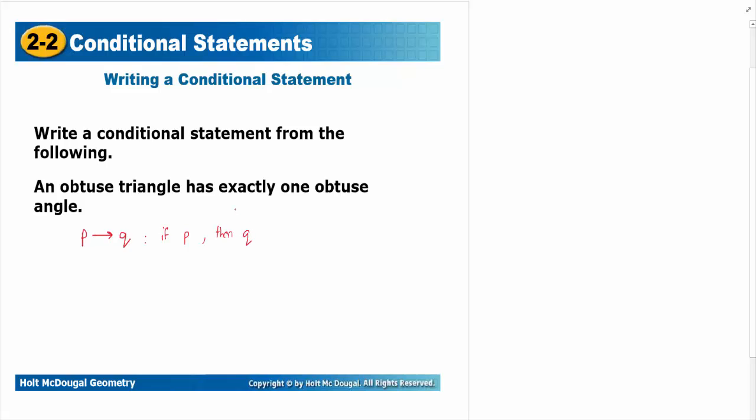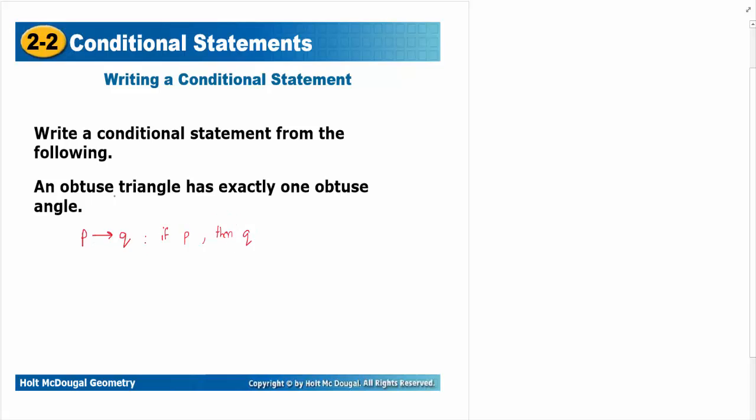Again, we've already done this before. We just aren't going to identify hypothesis conclusion. But in a way, even when we do it this way, we are identifying the hypothesis and conclusion, because I got to know what to put in for P and what to put in for Q. Notice how if is not part of the hypothesis, right? It's if hypothesis, then conclusion.